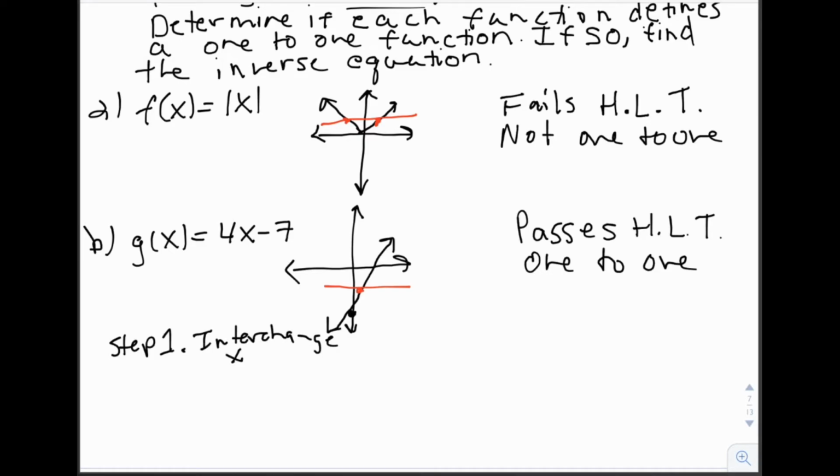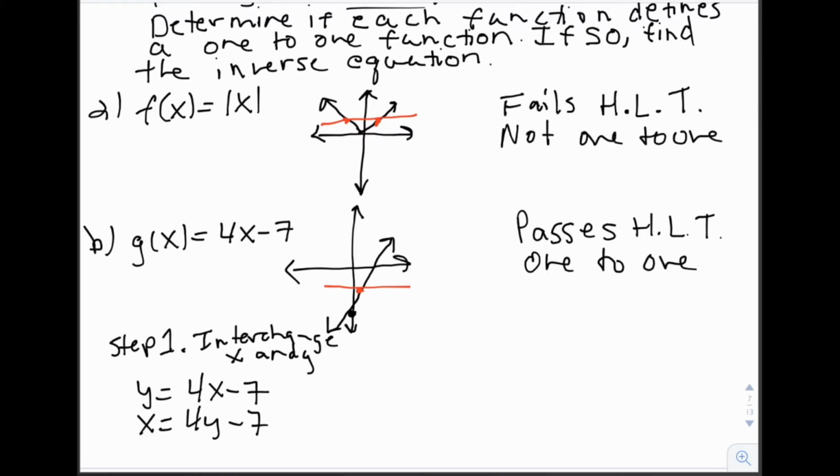So interchanging our x and our y values, again, if you recall, g of x, we could actually replace that with a y. So y is now going to be equal to 4x minus 7. And we want to interchange our x and our y's. So x is going to be equal to 4y minus 7.